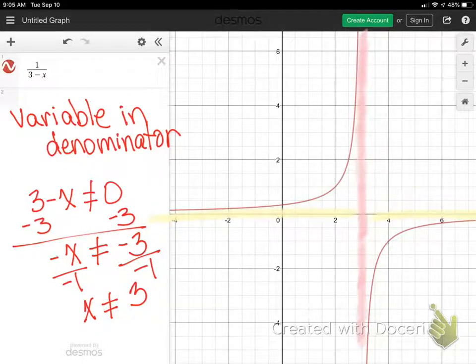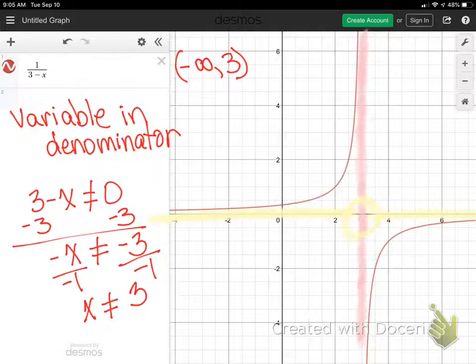It just can't be that particular value right there. So what value is all the way to the left? Negative infinity. So now I am writing this in interval notation. I start at negative infinity, and I'm going all the way to what number, but I'm not including that number? 3.